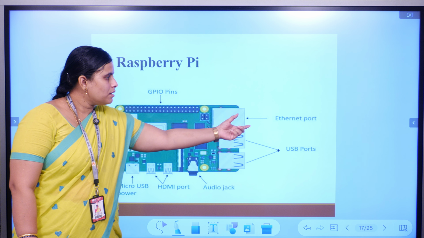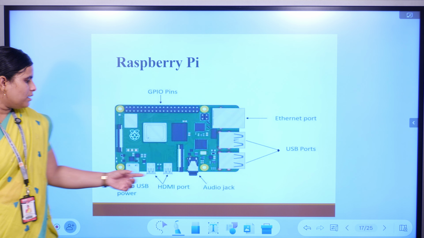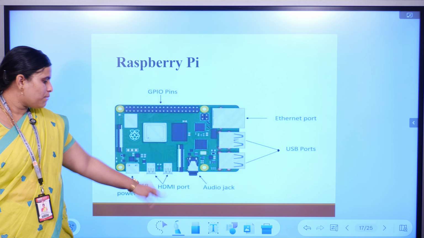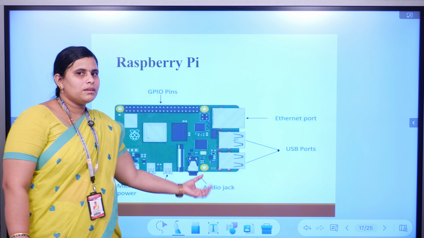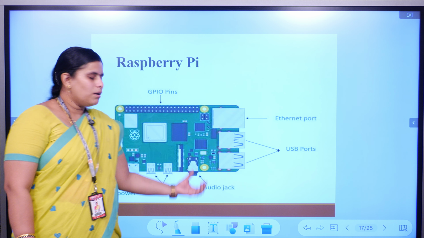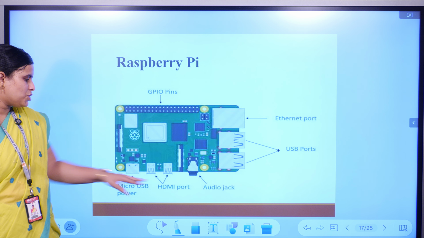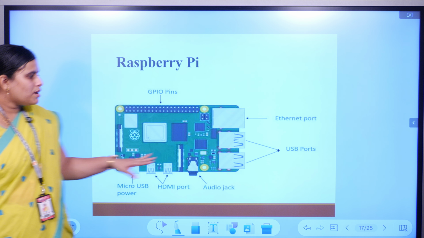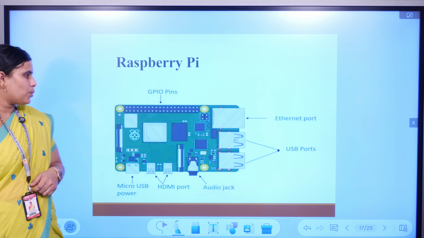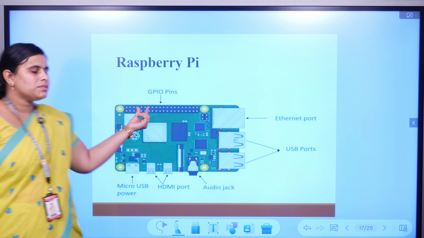Here we have USB ports, where we can directly connect a mouse and keyboard and use it like a computer. Here we have an audio jack and HDMI port, and in the audio jack we can connect earphones or speakers to listen to the output. We also have a camera interface and audio HDMI video ports. So here we have a processor instead of a controller, and 40 general purpose input output pins in this Raspberry Pi kit.